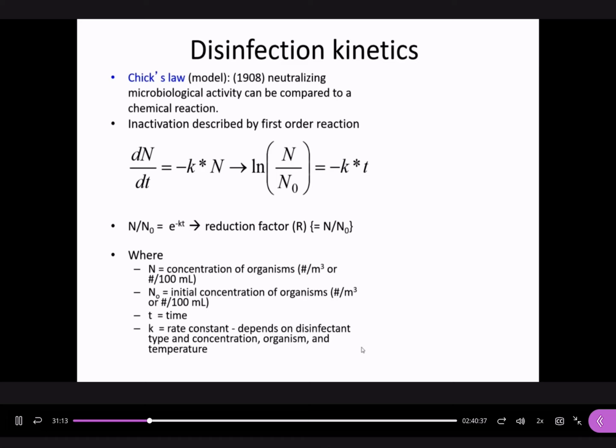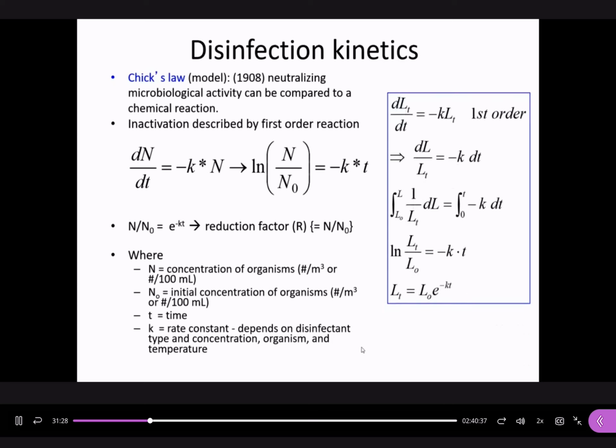And we can transform the equation and we get this, which is very typical. Basically, if you measure the microorganism concentration at time 0, you get N naught, and at time t you get N. If you plot the natural log of this ratio against time, you get a straight line whose slope is k.